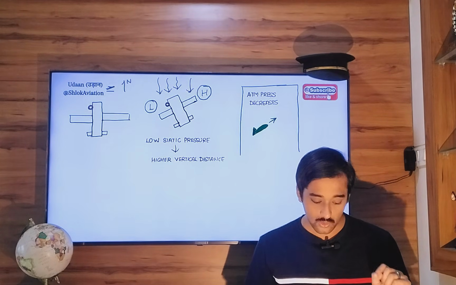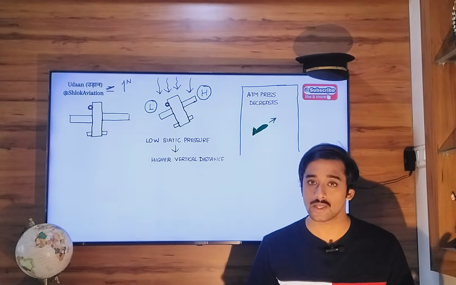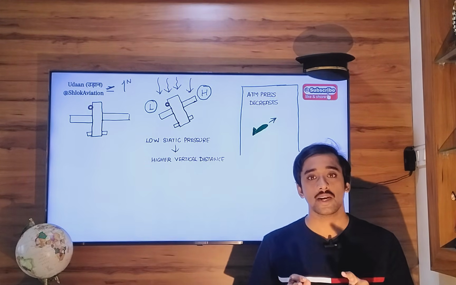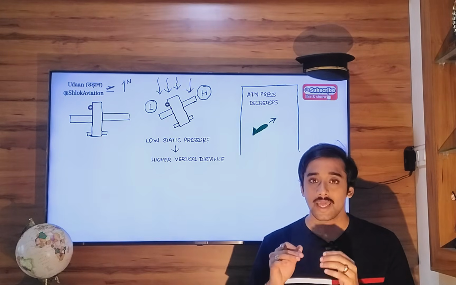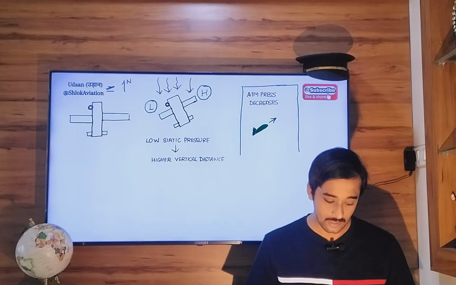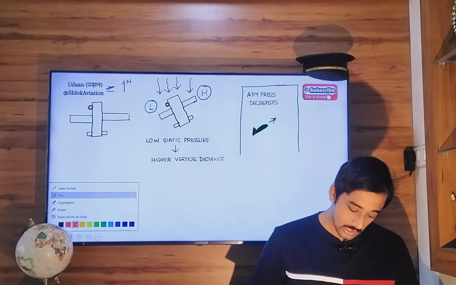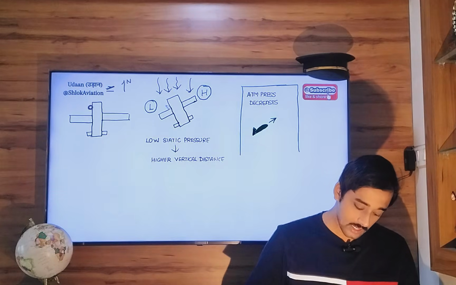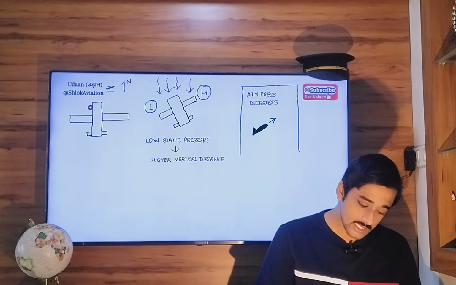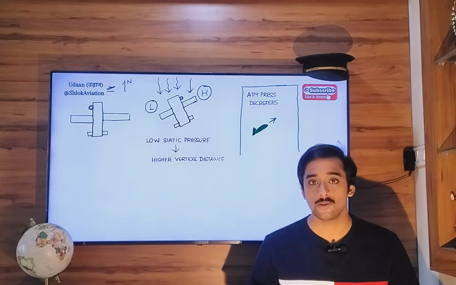Okay, so this is one drawback. If you have a left static port and the left side is experiencing lower static pressure, that is translated into some other information, namely higher vertical altitude information. Now let's say this static port is not situated on the left side but on the right side of the fuselage.